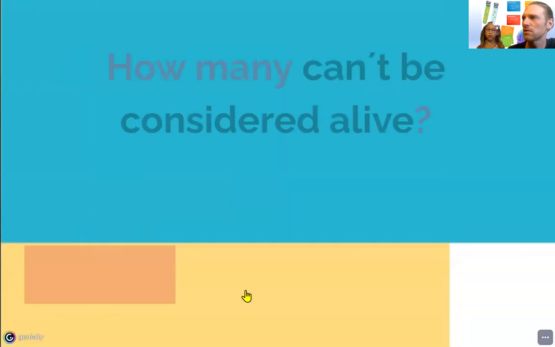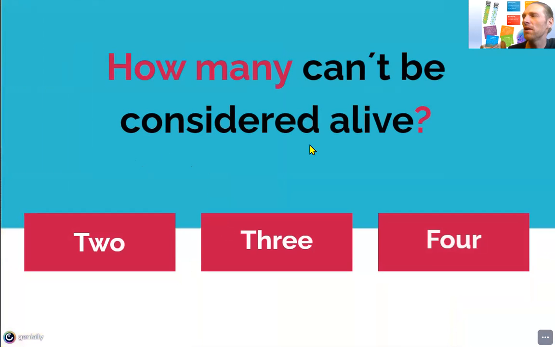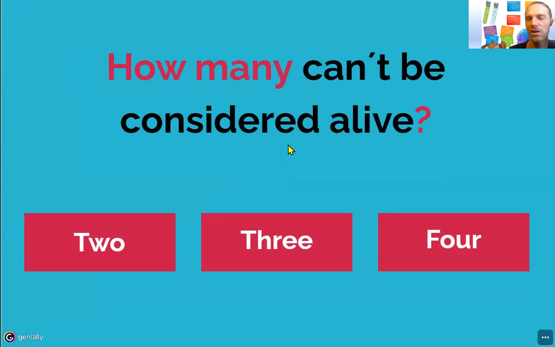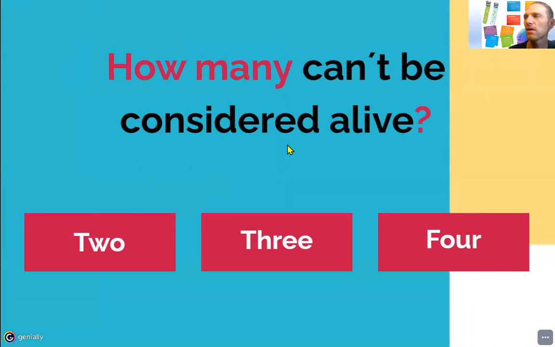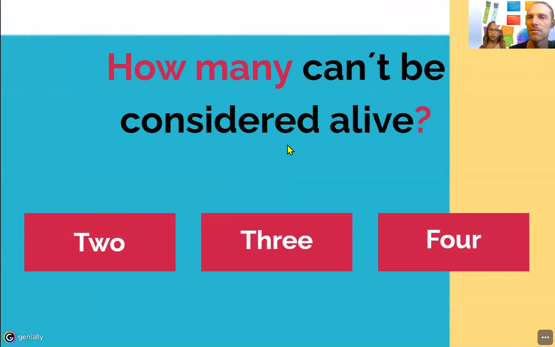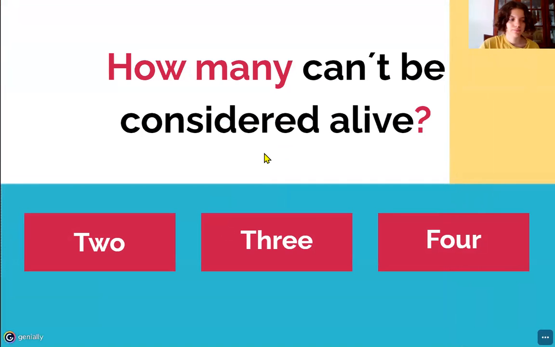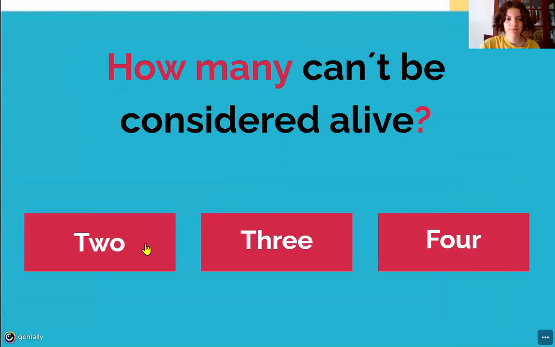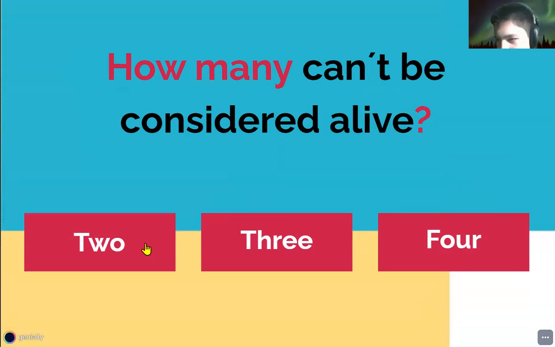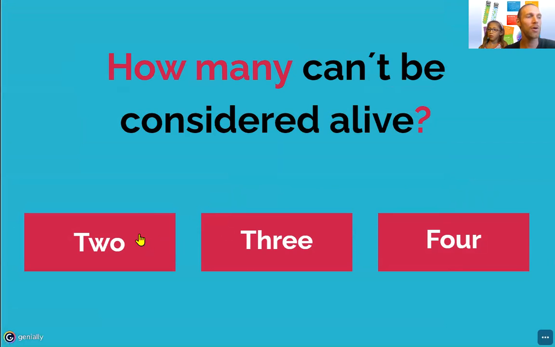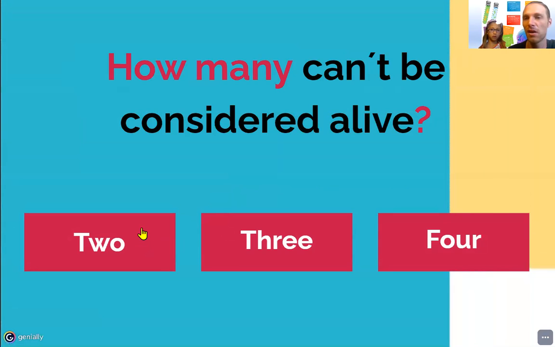There's only 2 questions, I think. How many cannot be considered alive? So think about what you have seen, the red blood cells, the robot, fire. How many? 2. 2? Yes. 3, because the bacteria, which is dead. Emilio, bacteria are very alive. They don't count.